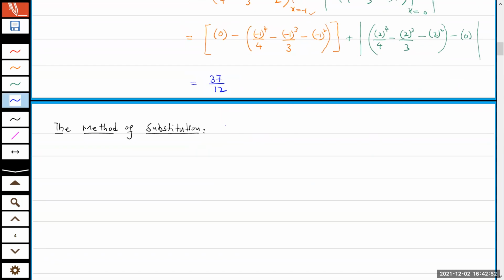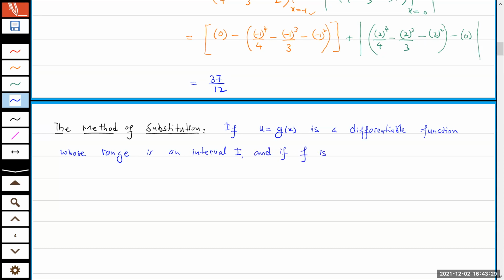This states that if u equals a function of x, is a differentiable function whose range, let's say, is an interval I, and if f is continuous on I, then, now you will see how f and g are related.